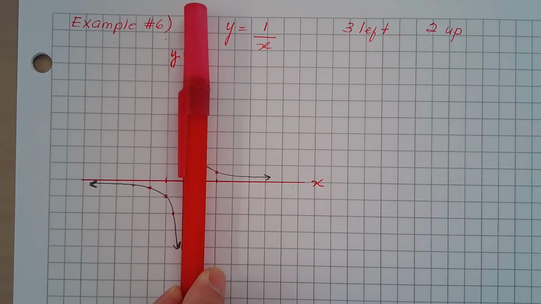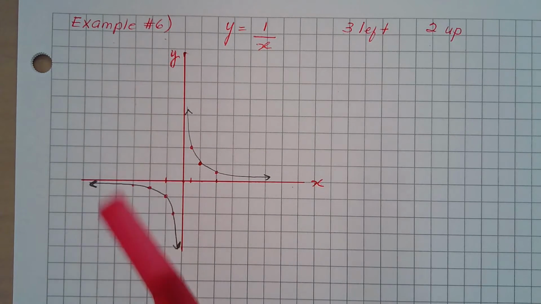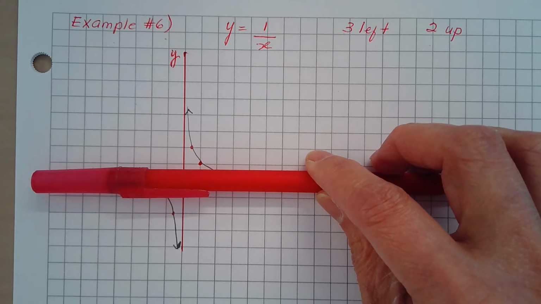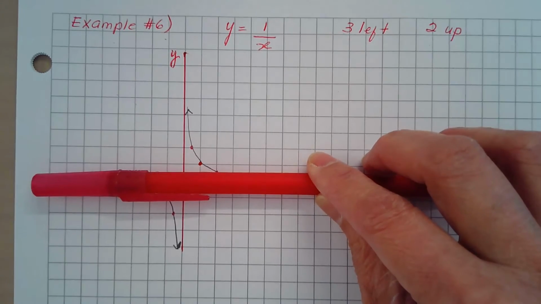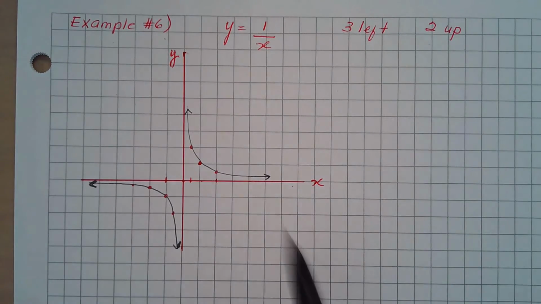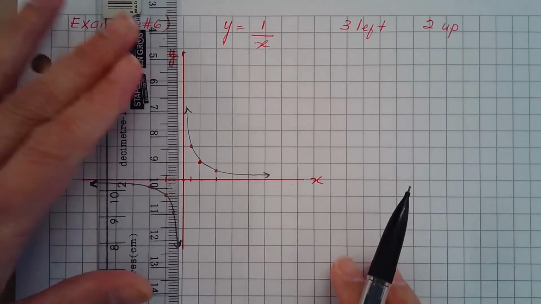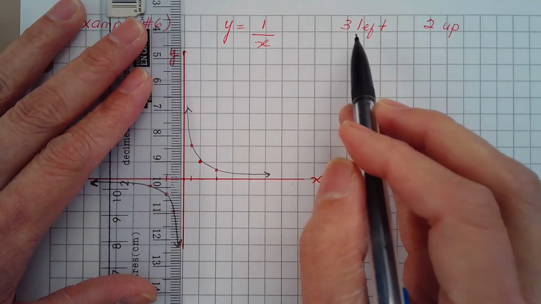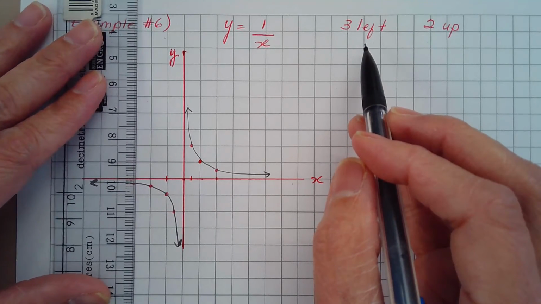Now, this horizontal asymptote at y equals 0, because everything goes up, the asymptote also moves up 2 units. So, what would be the new asymptote? Let's start with that. So this vertical asymptote, we have to move it to the left. So 1, 2, 3.